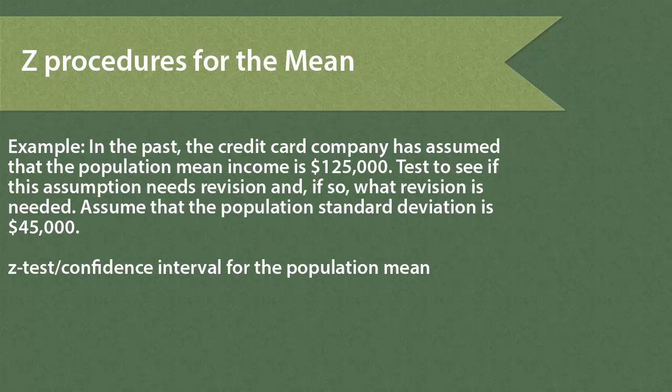However, quantitative variables can be averaged. So we could run the same z-test, only now we'll run the z-test for the population mean. For example, in the past, the credit card company has assumed that the population mean income is $125,000.